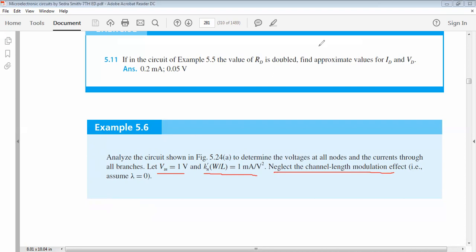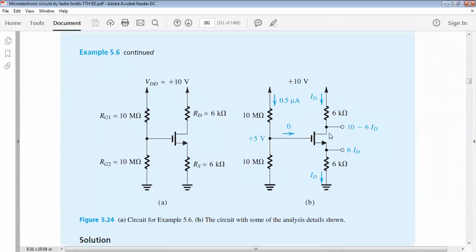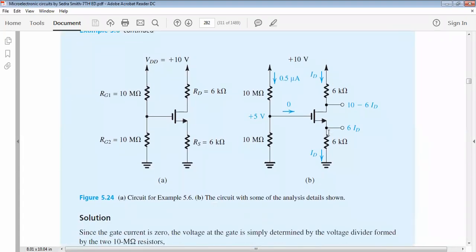Okay, and coming to the circuit, this is the circuit. Observe here, in this circuit, given VDD is equal to 10 volt, RG1 and RG2 are 10 mega ohm each, RD is equal to 6 kilo ohm, RS is equal to 6 kilo ohm.